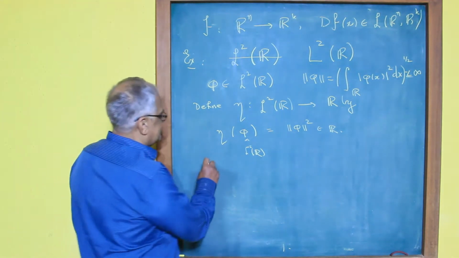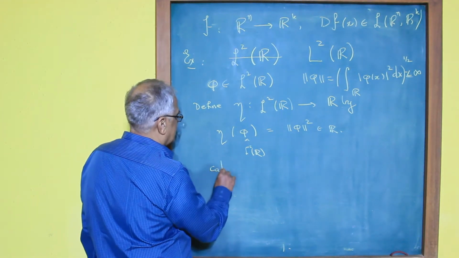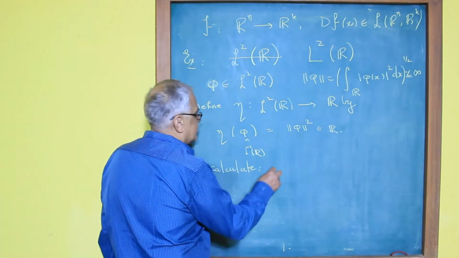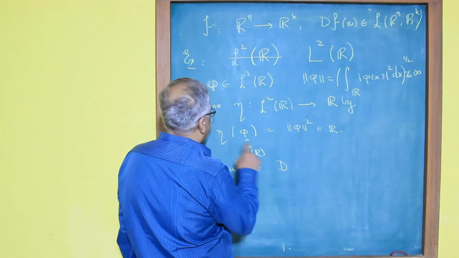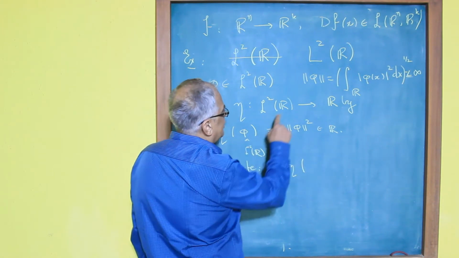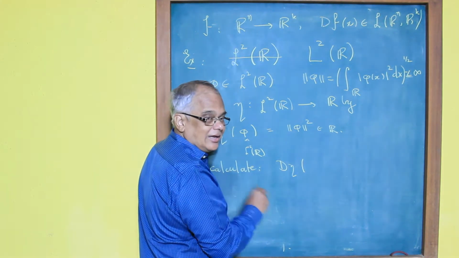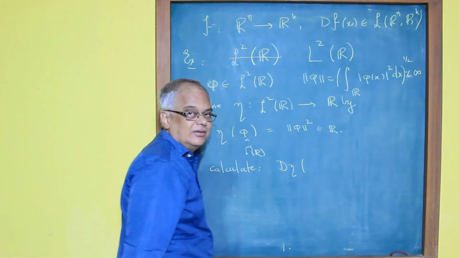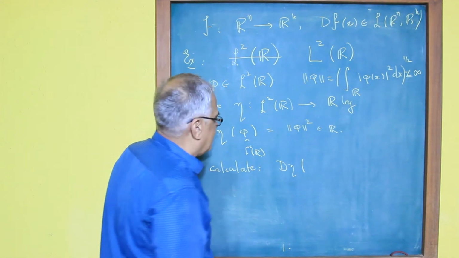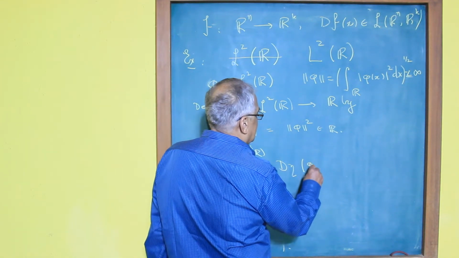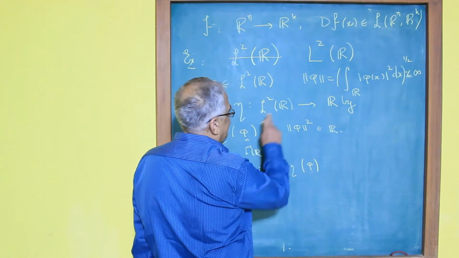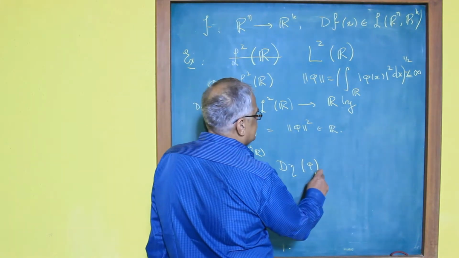So the exercise is to calculate the derivative of this map eta at some point phi, which is in L2 of R. Where should this lie?